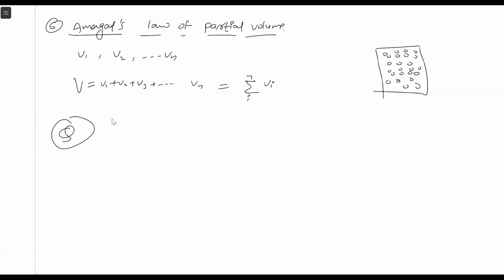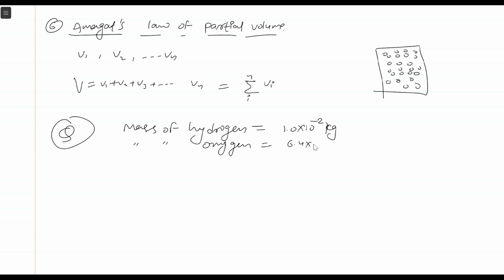It is given that the mass of hydrogen is equal to 1.0 into 10 to the power minus 2 kg, and the mass of oxygen is given to be 6.4 into 10 to the power minus 2 kg, and they are put in a chamber.